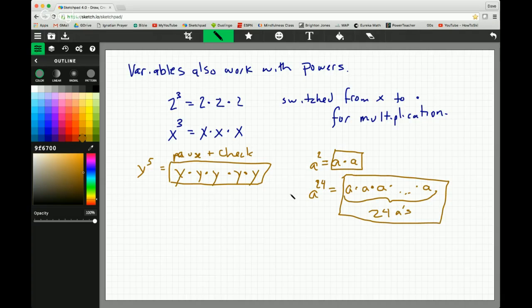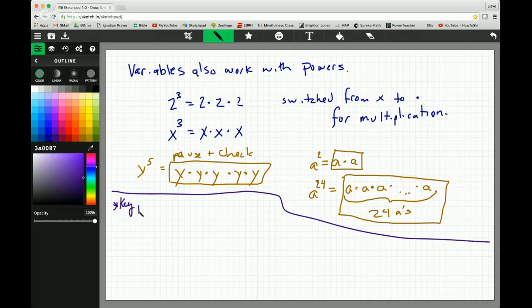Good. Now, another point. This is a key point, and this is on order of operations.